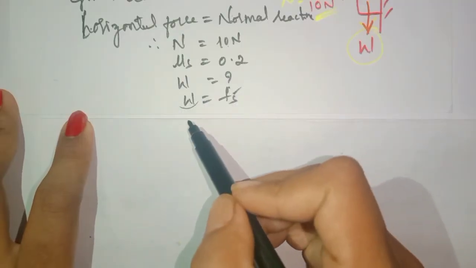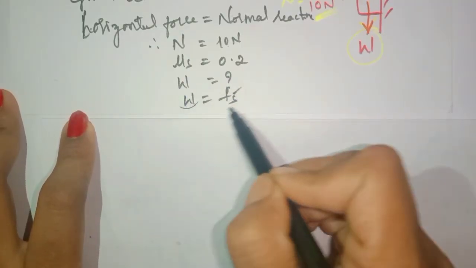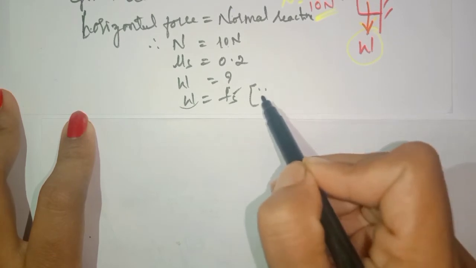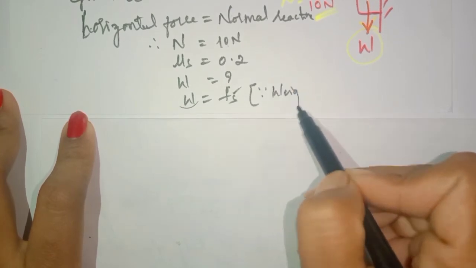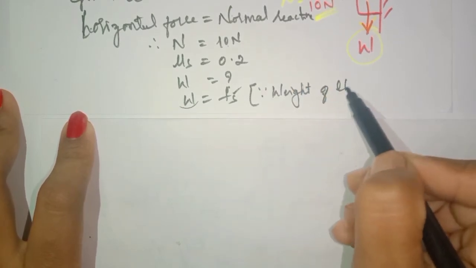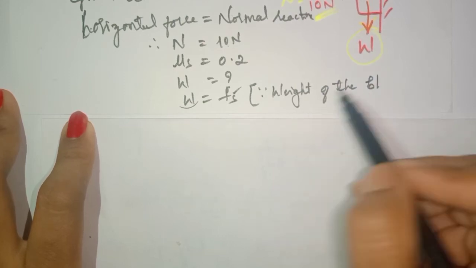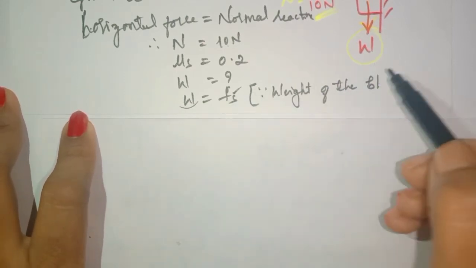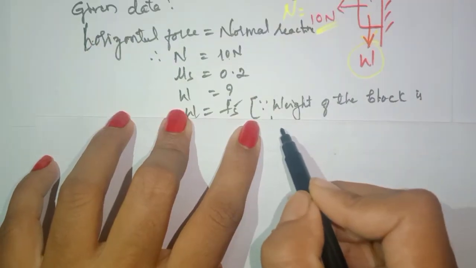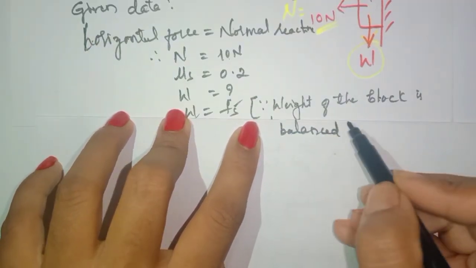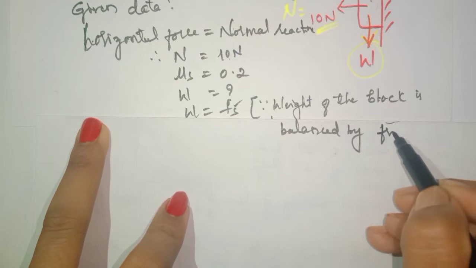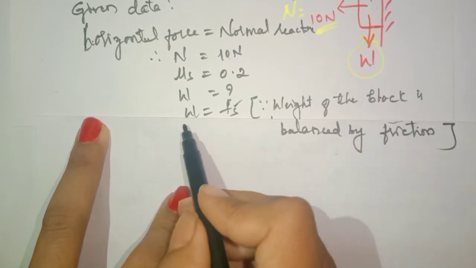Before taking the formula, I'll write the reason why I have made this equal. Since weight of the block is balanced by this static friction, W is equal to Fs.